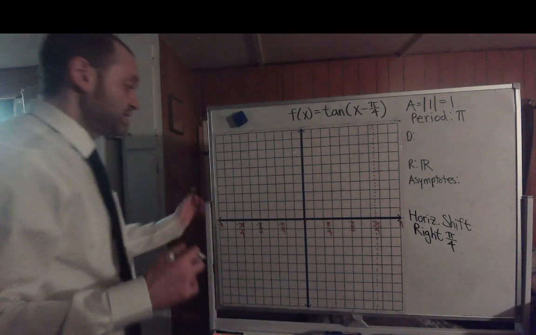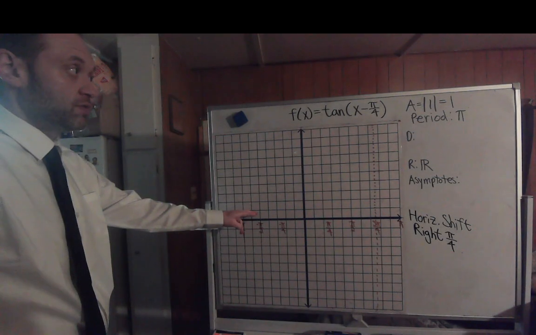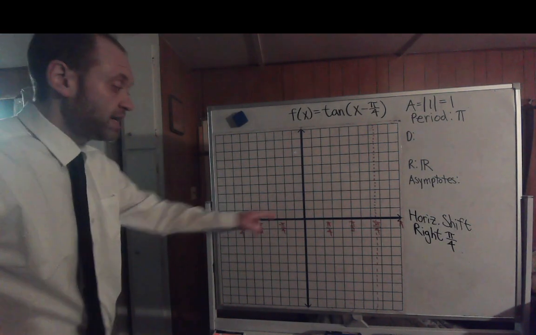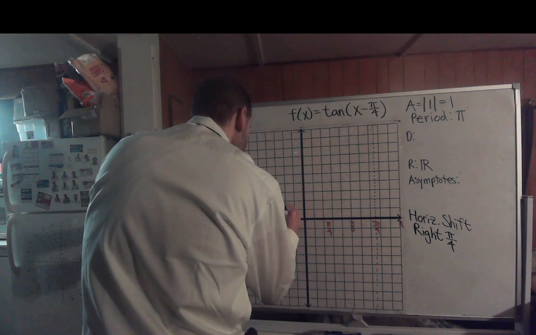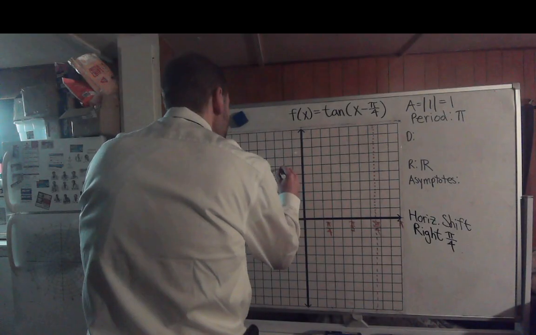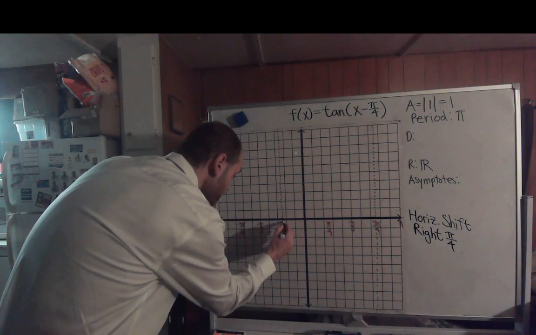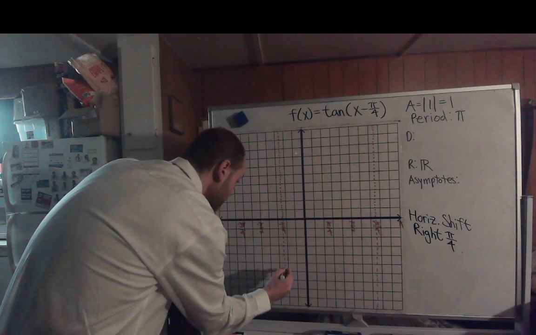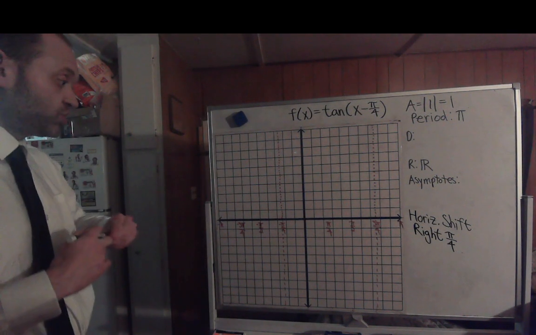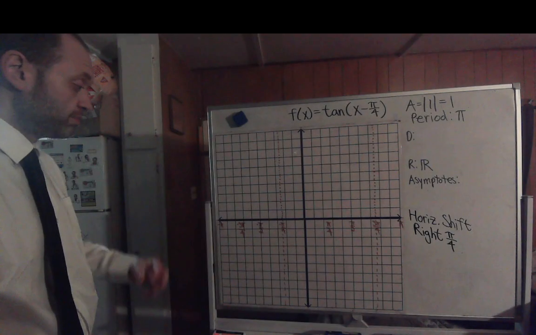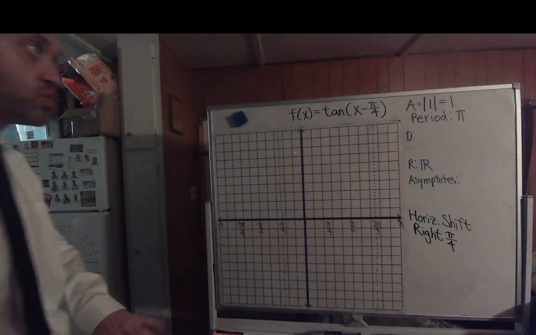Your next asymptote is normally located at negative pi over 2, but if you shift it to the right pi over 4, you'll be at negative pi over 4 for an asymptote. And then we should be good again until we reach negative 5 pi over 4, which is completely out of the picture.